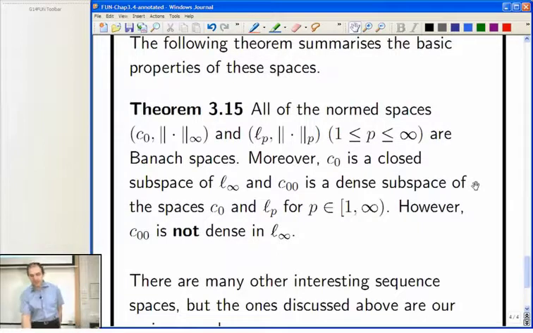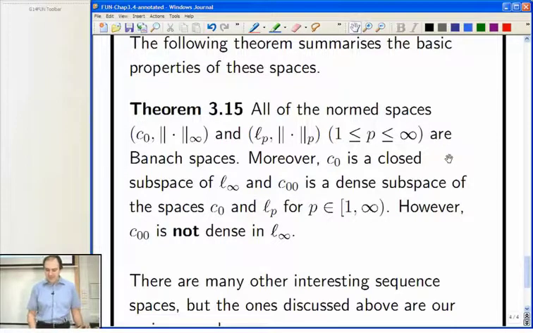Which brings us on to this theorem that summarizes lots of stuff about these spaces. So we've got the sup norm on C0, and we've got little LP for 1 less than or equal to P less than or equal to infinity, because we've defined little L infinity as a special case, which again gets a sup norm with the bounded sequences.